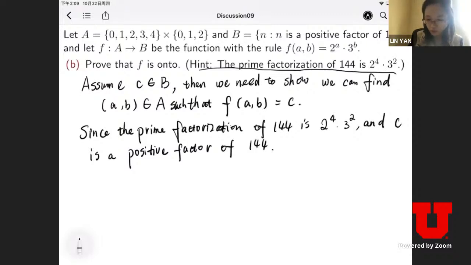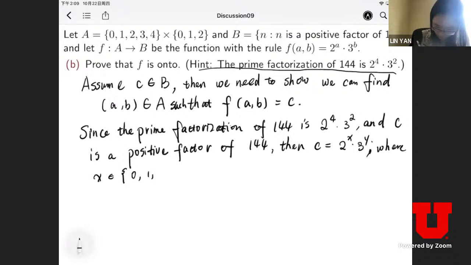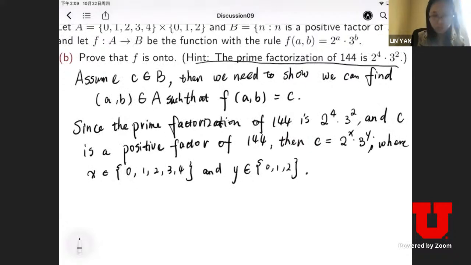And by the definition of a positive factor, we can have c is equal to 2 to the power of x times 3 to the power of y, where x is an element of 0, 1, 2, 3, 4, and y is an element of 0, 1, 2. So any question about this statement?